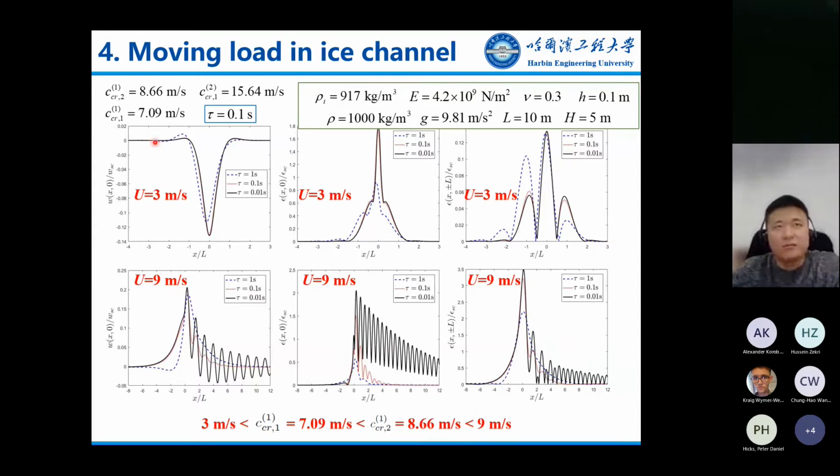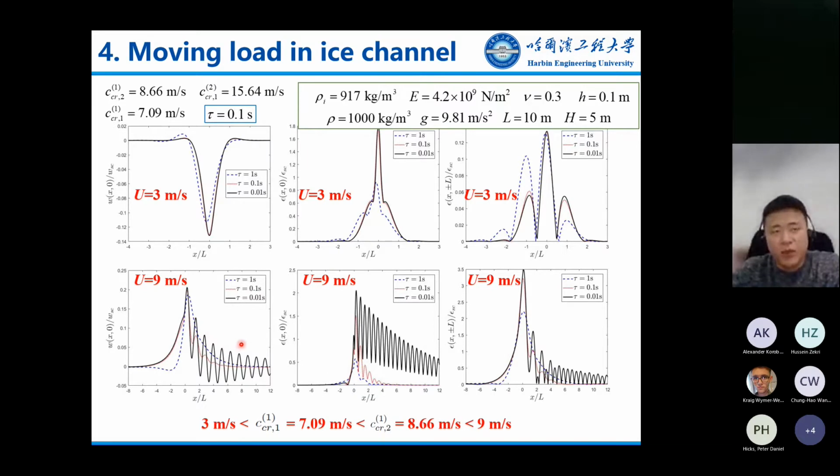We can see that for load moving at 3 meters per second, the ice response is localized, and for load moving at 9 meters per second, the ice sheet only oscillates in front of the load.